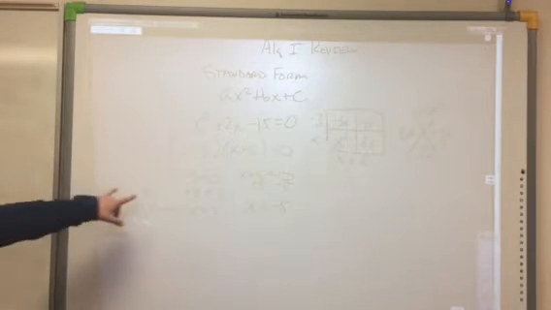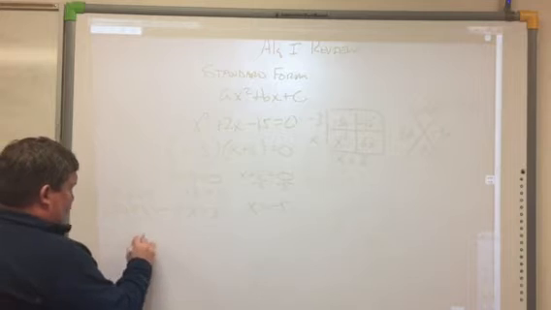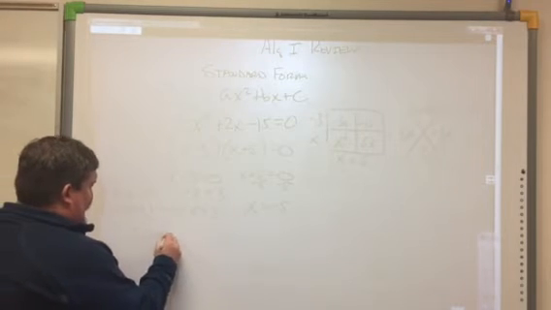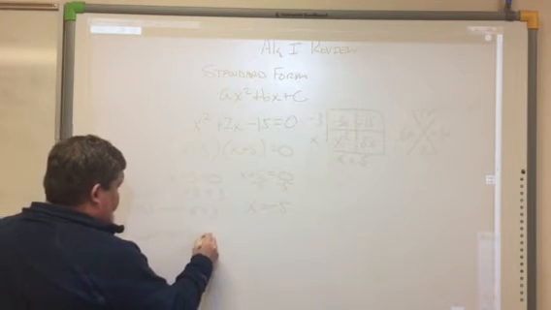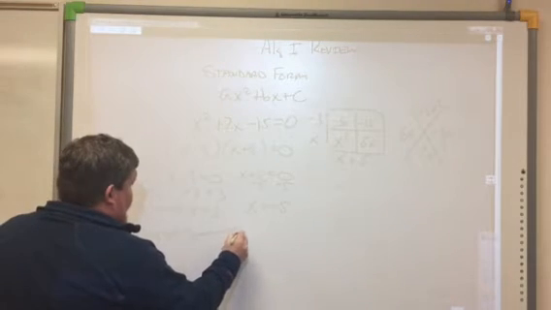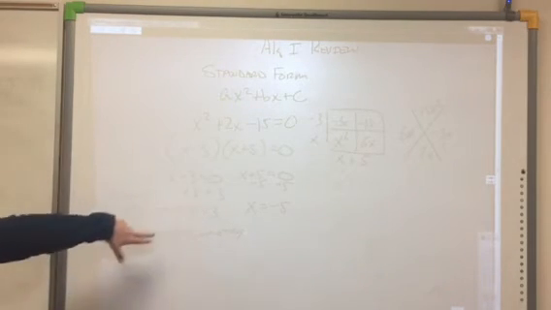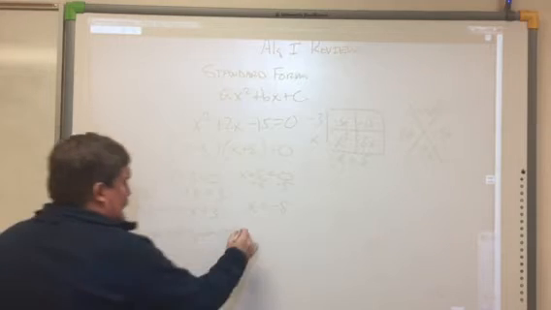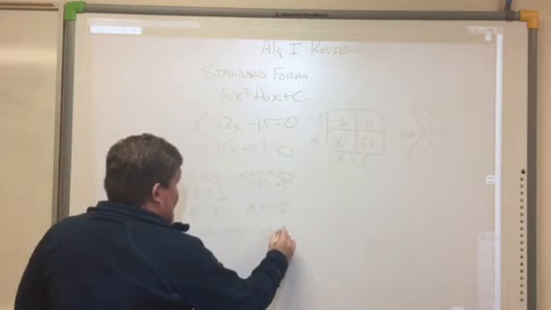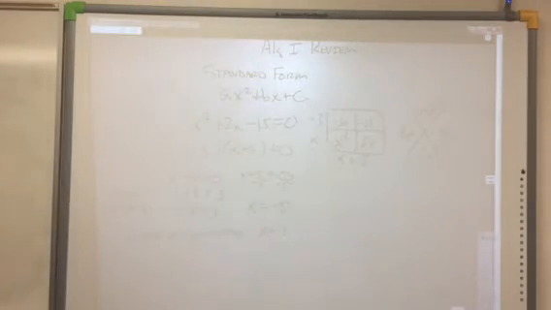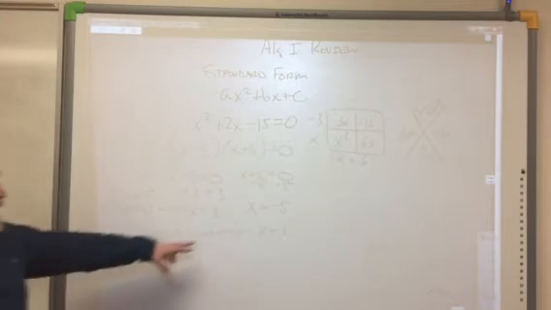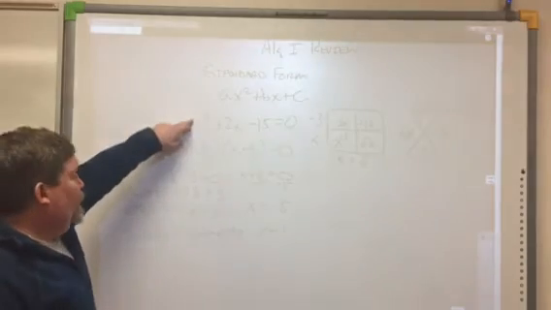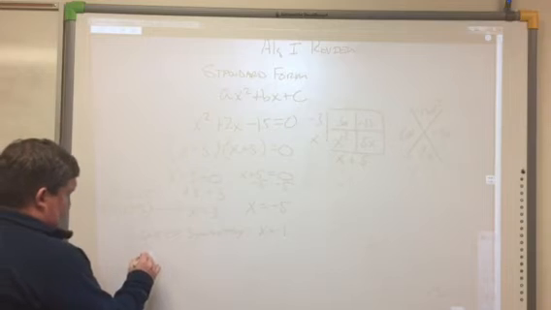So from the x-intercepts, we can find a line of symmetry. So that's the point in between these two. So in this case, the line of symmetry is x equals negative 1. So I plug negative 1 into the original equation. Okay?